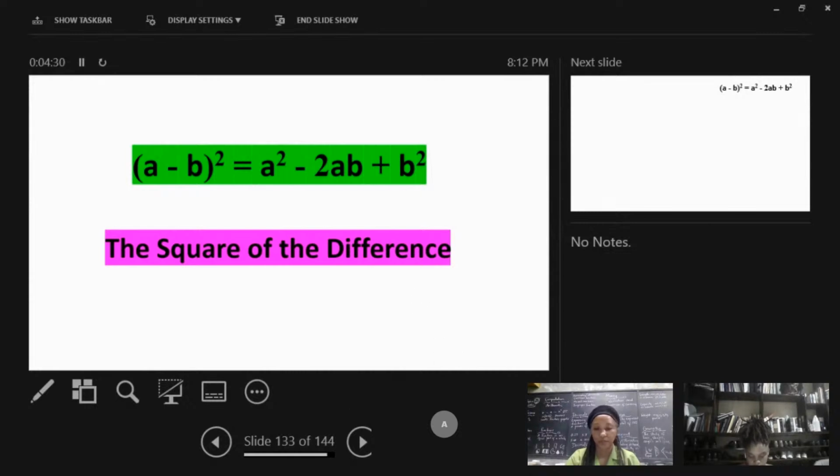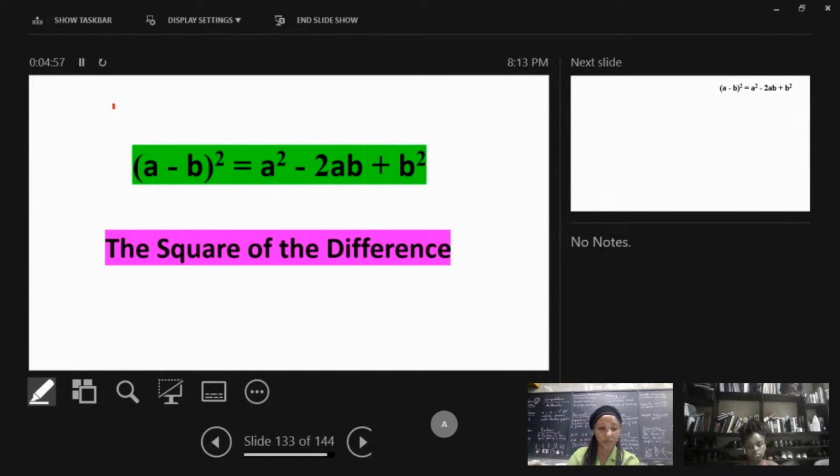So let's go. The square of the difference. This formula that we're looking at here is the square of the difference. So you're finding the difference between two terms, and then you're squaring that. That's totally different from the difference of squares.